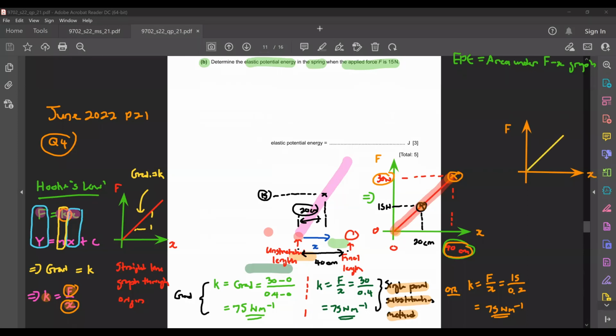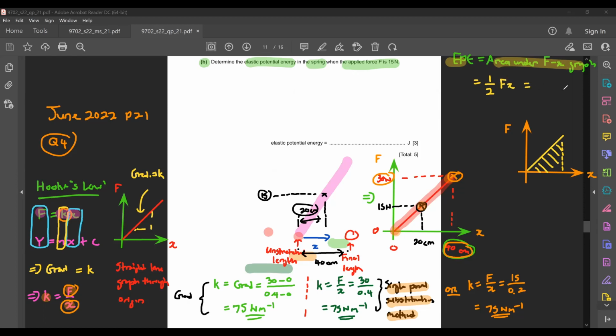Now, if we define that elastic potential energy is the area under our F-X graph, for a spring that obeys Hooke's law, the area under our force versus extension graph is this triangle right over here. So that EPE can be written as the area of a triangle, which is half Fx.